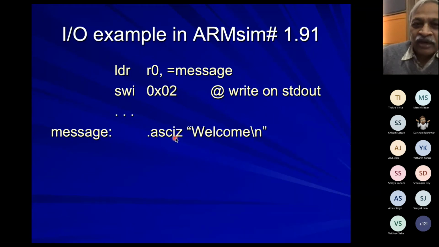So the sequence of characters up to null are going to be displayed. There are similar codes for performing input, opening a file, closing a file, performing input-output with the files, and one code was for halting the program, as we had seen.